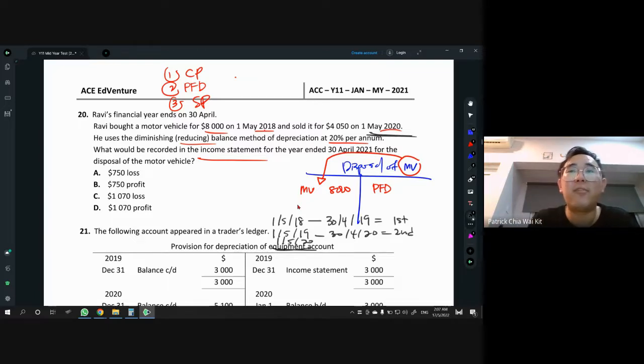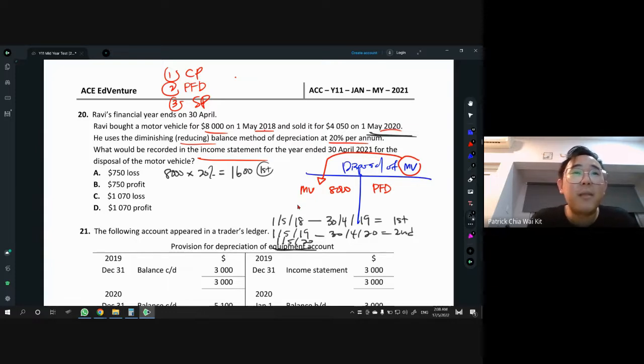So how to calculate for the first year? For the first year it's always the straight line method, simple. Just take 8,000 times 20%. 10% is 800, 20% is 1,600. So 1,600 for the first year. Then what about the second year? Because we had this thing for a second year, and this is the reducing balance method.